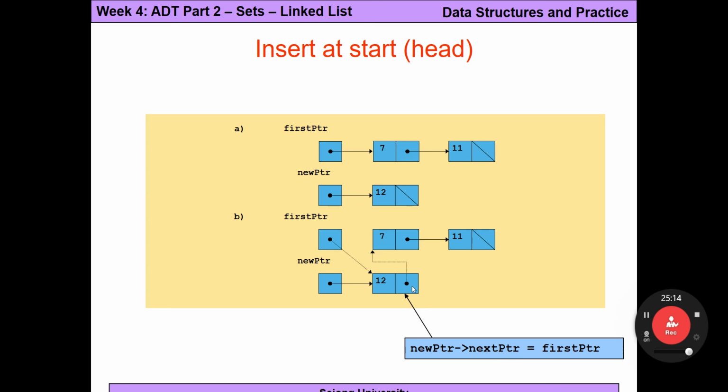We are basically assigning the next pointer in the new pointer: to the next pointer, I am assigning the value equal to first. So now it will be pointing towards the address of the first pointer. Here I have stored the address of the first pointer.